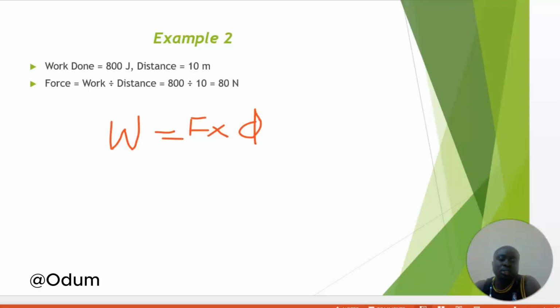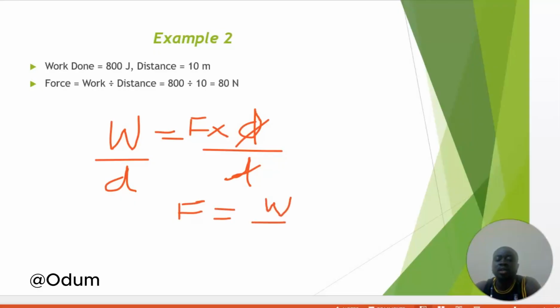When you have to find force, given work done and distance, what you are going to do is divide through by distance. So here by d and here too by d, so that this one will cancel this. Now our force is equal to work done over distance.